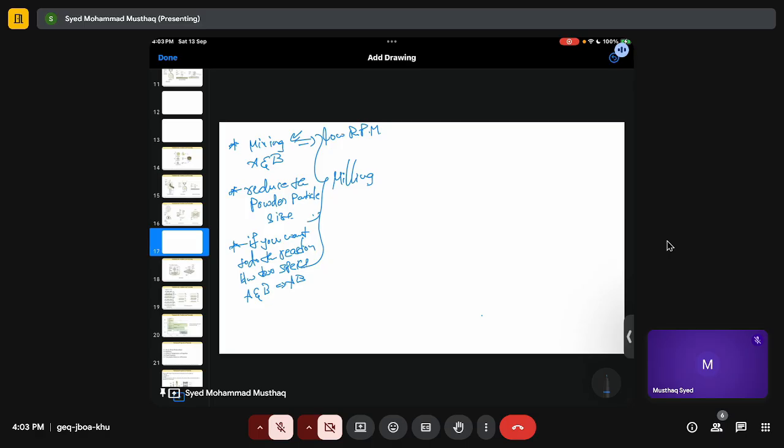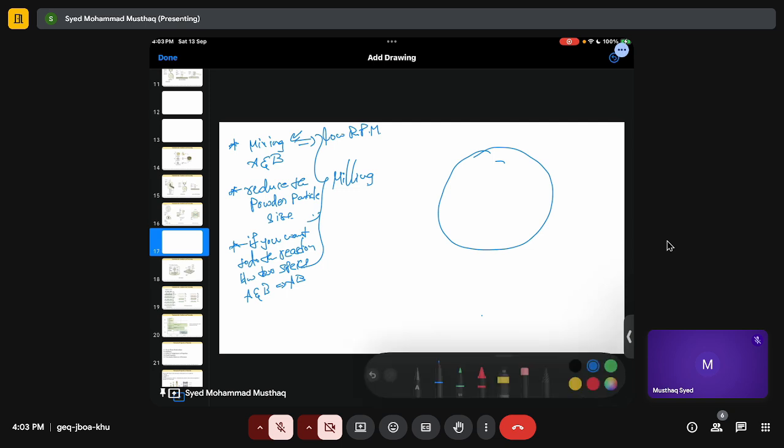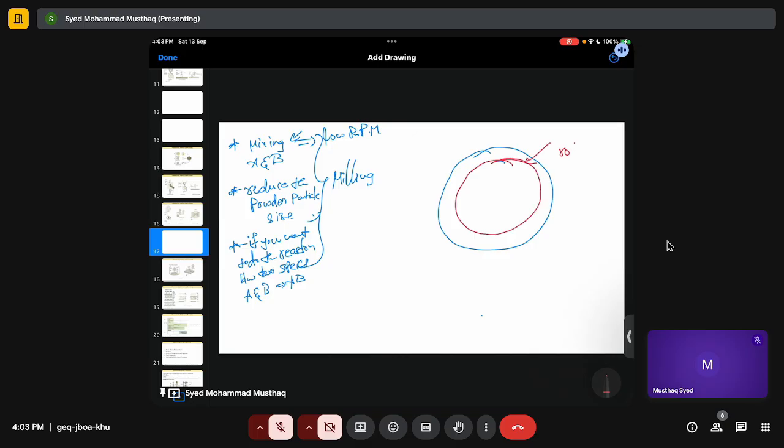If you have a planetary ball mill, sorry, not planetary, high energy ball mill. So if you have a high energy ball mill, the ball mill actually looks like this. You have a rotating stage. So this is my rotating stage.